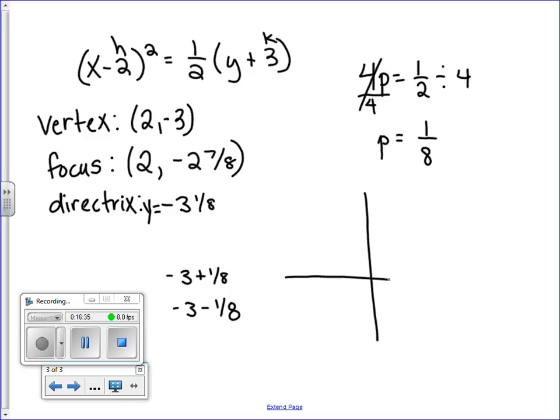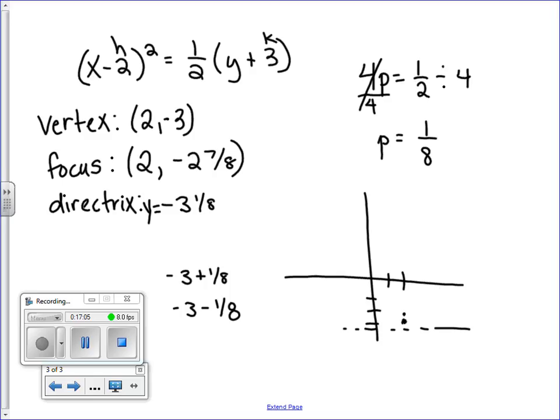So let's just sketch a graph of this, okay? Just a quick sketch. Over 2, down 3. And I have a focus at 2, negative 2 and 7/8, and a directrix. Okay, so that's what I have. Which way does this open? Up, down, left, right. Up. Two ways to know that it opens up.